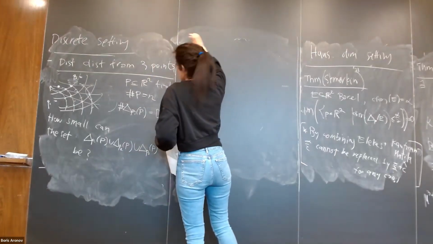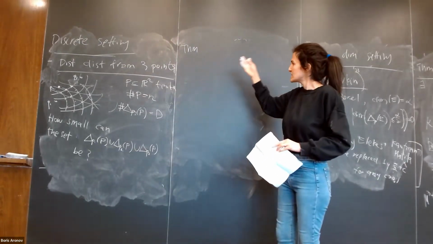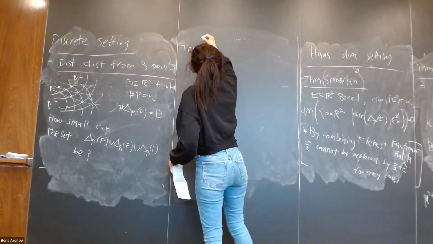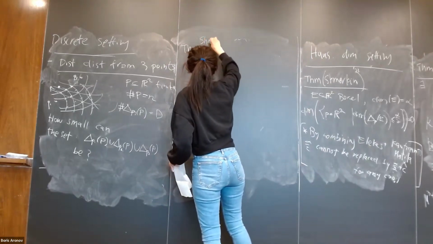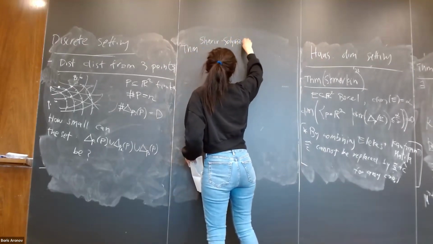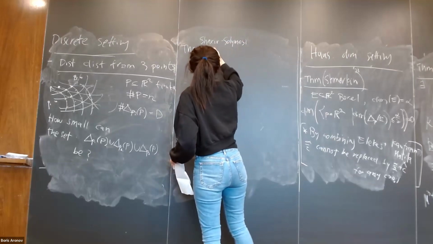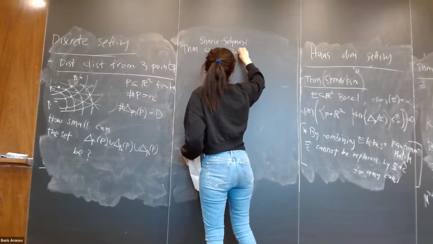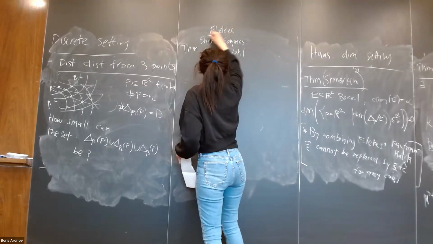So the theorem says, I guess the example where they are collinear is an example of Elekes, and this theorem about what happens if they are not collinear is by Sharir and Solymosi. The exponent in the result of Solymosi and the Elekes example is of the collinear case.